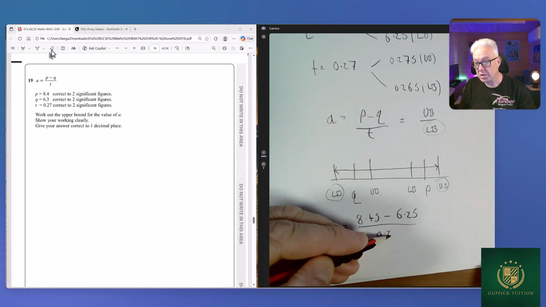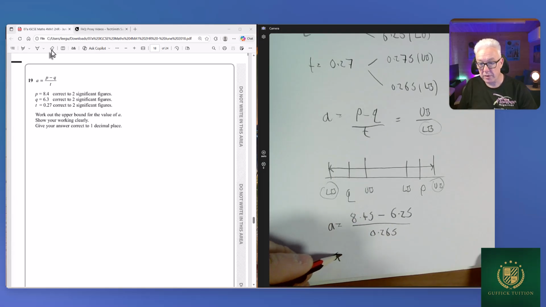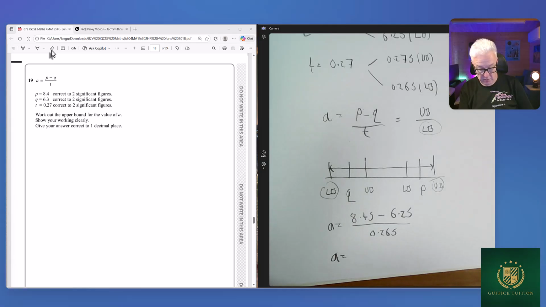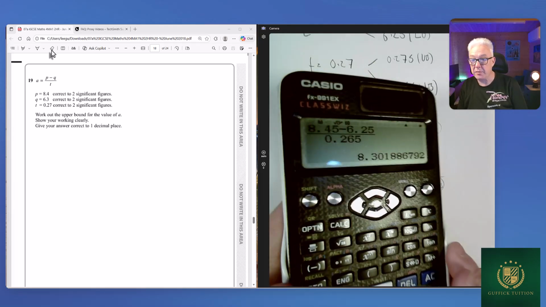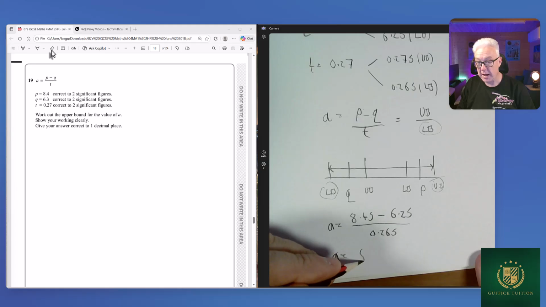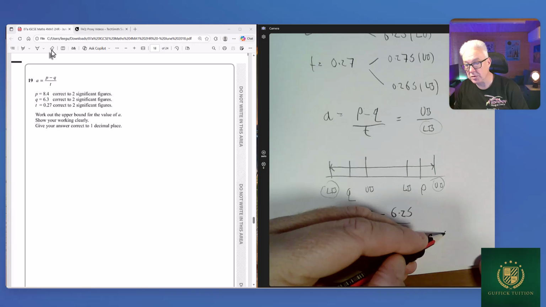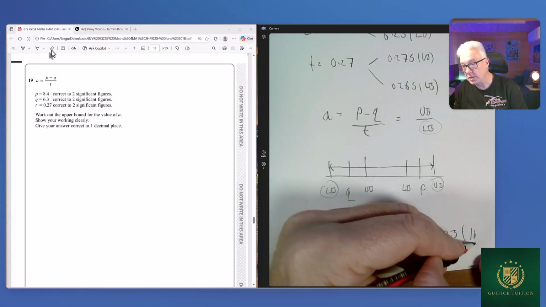Now, let's work that out. 8.45 take away 6.25, divided by 0.265, and that gives us 8.301. We've got to give the answer to one decimal place, so A is equal to 8.3 to one decimal place.